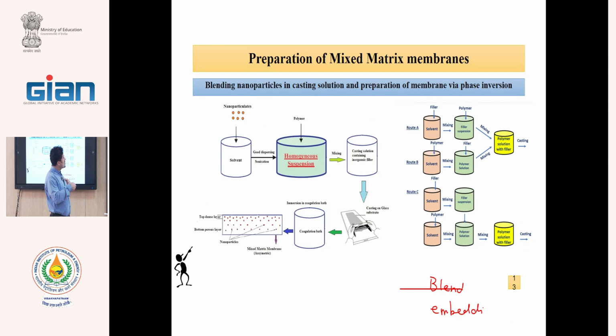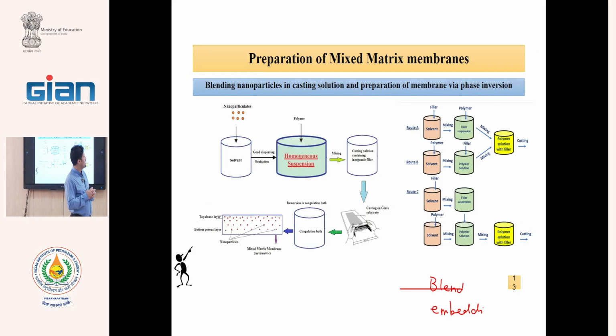Therefore, in some cases we add surfactant, or after good dispersion, we add another polymer in a low amount, 1%, while the main polymer concentration is 15 or 20. We add 1% polymer for reducing the agglomeration possibility.